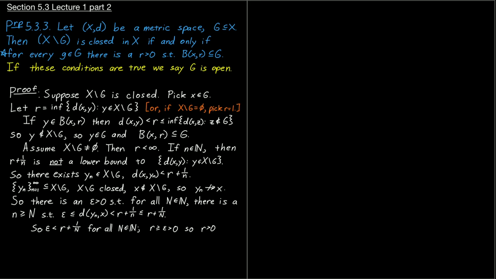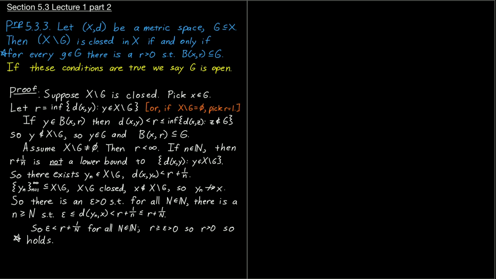So R is positive. And so we've found a positive number such that the ball centered at X of radius R is in G. And that is our condition star, so we can write that star holds.